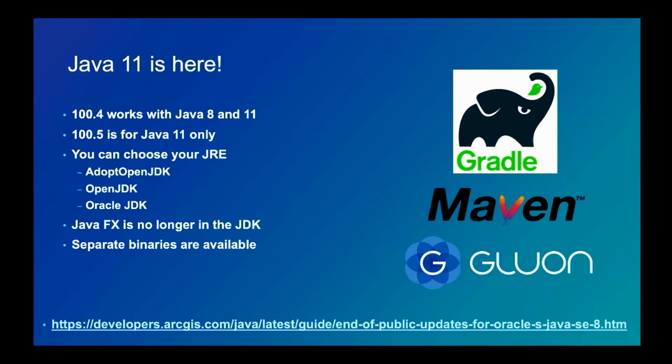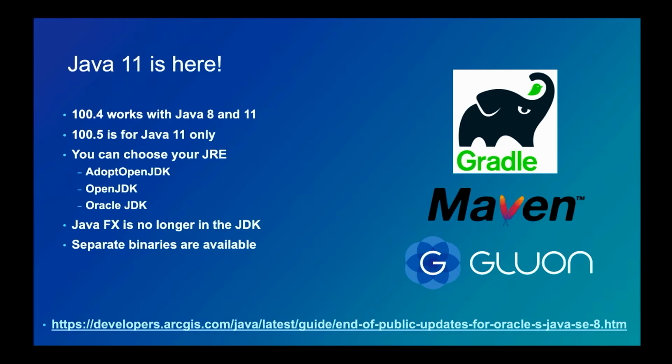Now, there have been some licensing changes to the Oracle JDK, so if you're not careful, you may find yourself having to pay for the use of the Java runtime environment. So to allow people to bypass that, if you didn't want to use the Oracle JDK, you can now choose your Java runtime environment of choice.